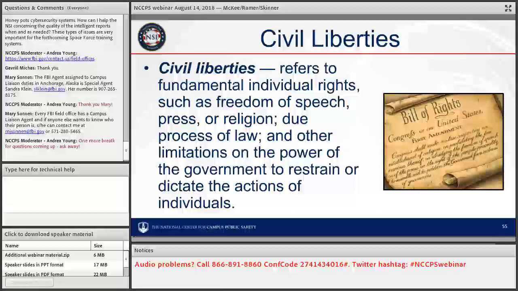So what are some examples of protected activity that you may encounter? Protests, religious activities, reading materials, membership in or association with political, religious, or other organizations. Now, the First Amendment protects expression, and this includes personal belief, opinion, and action.